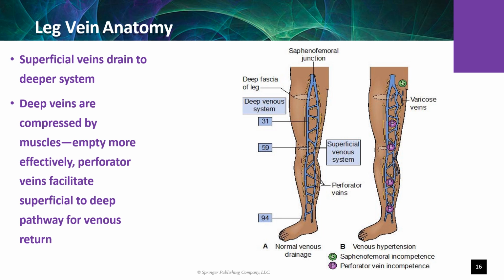The numbers are pressures in millimeters of mercury. The highest venous pressures are at the feet and the ankles. Contractions of leg muscles compress the deep veins and facilitate their emptying, therefore reducing venous pressure. Perforator veins allow superficial veins to drain to the deep veins that are emptied by the muscle pump.